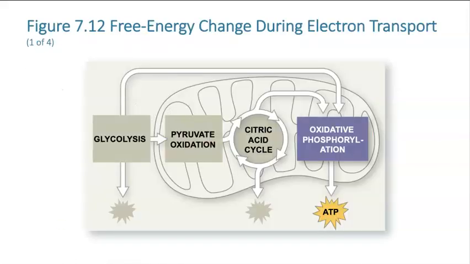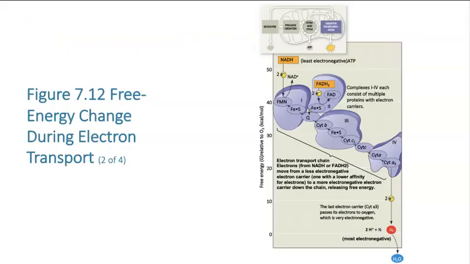So let's take a closer look at our oxidative phosphorylation. Again, it's an electron transport chain, which is the first thing that's happening. This is happening at the inner membrane, and all of these proteins are embedded in that inner membrane.